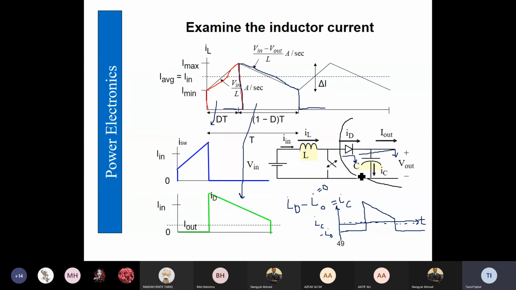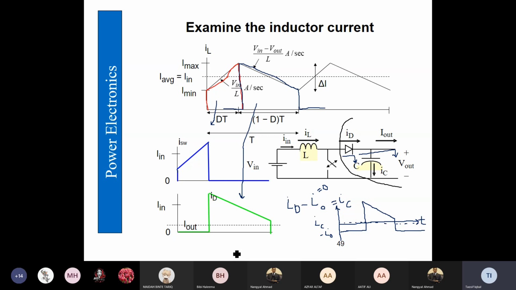The capacitor current can be found from the diode current with the output current removed. In this green waveform, we have the output current, which is obviously very small compared to the input current, because if we are increasing the voltage 5 times, the current ratio between output and input is also decreasing 5 times.